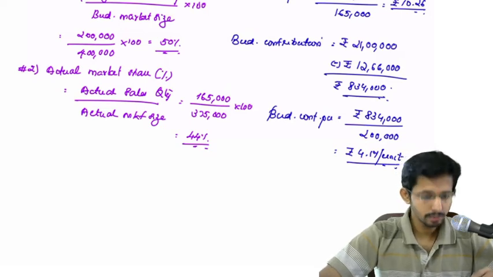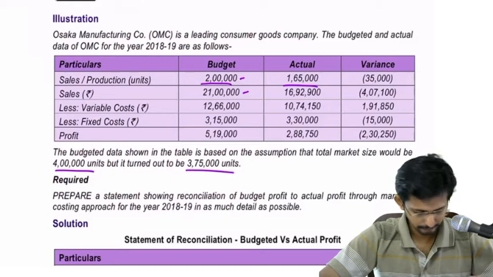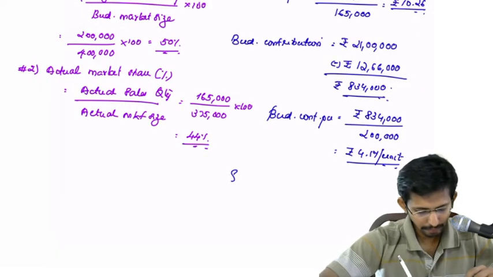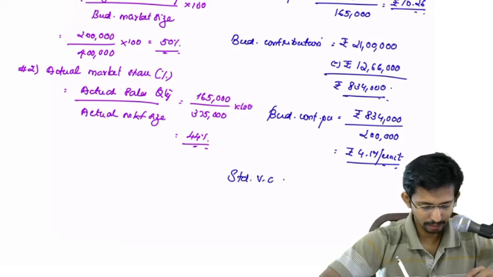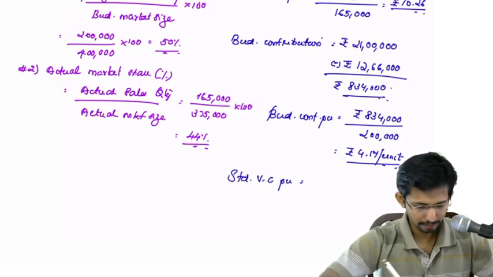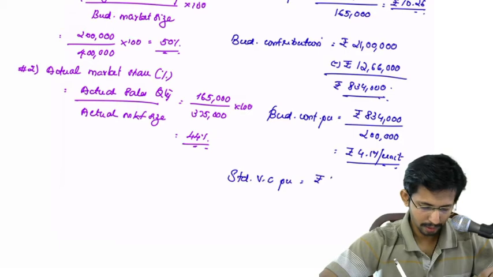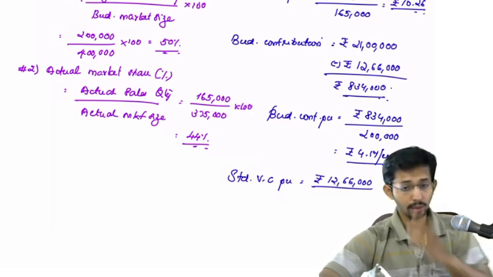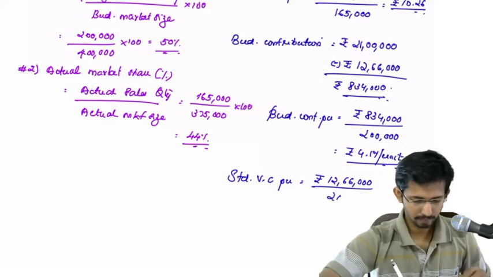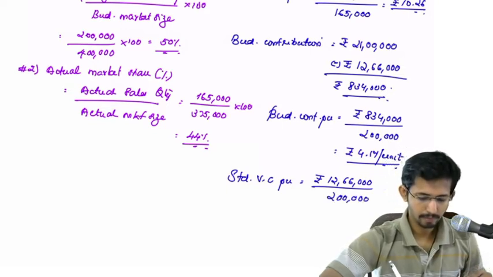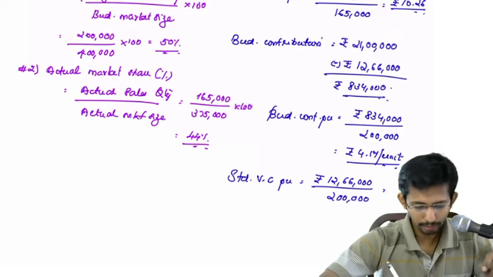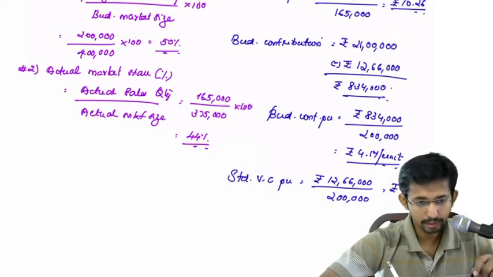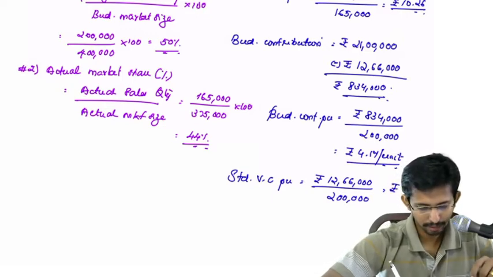Now what you have to do? You can find out the variable cost per unit. Standard variable cost per unit is 12,66,000 divided by 2 lakh, and the amount will be rupees 6.33 per unit.